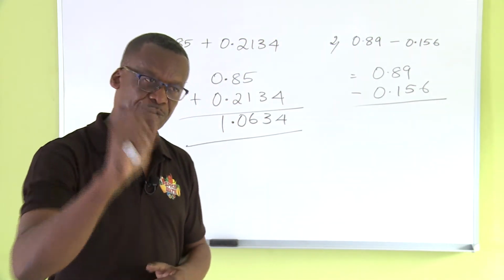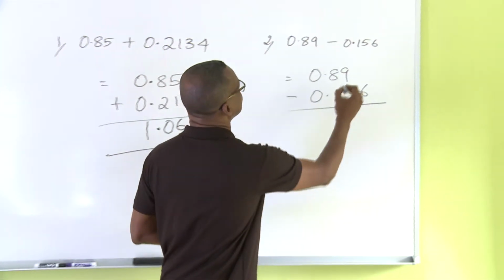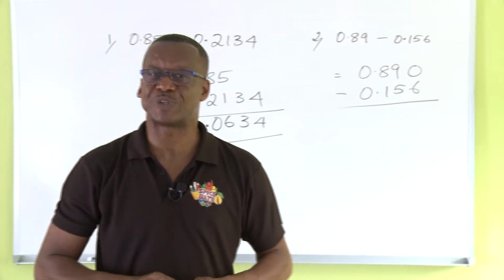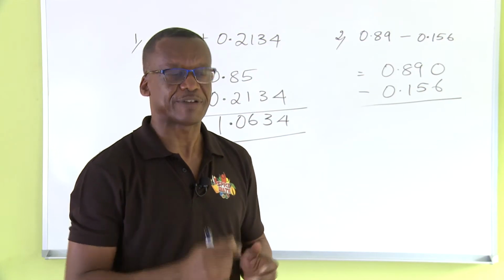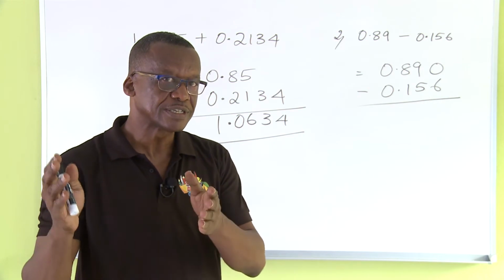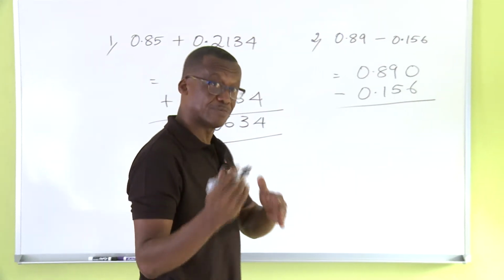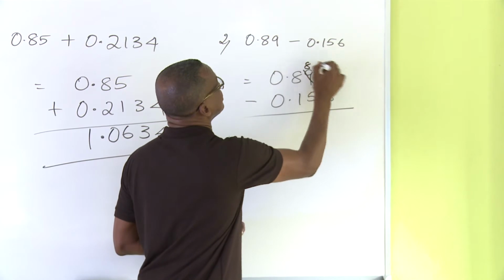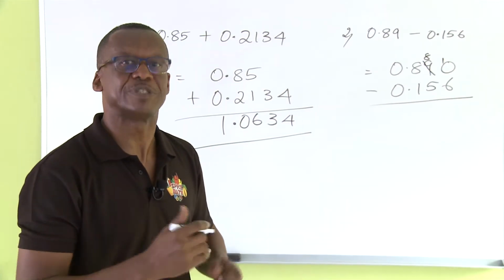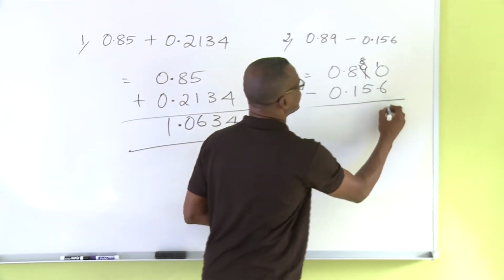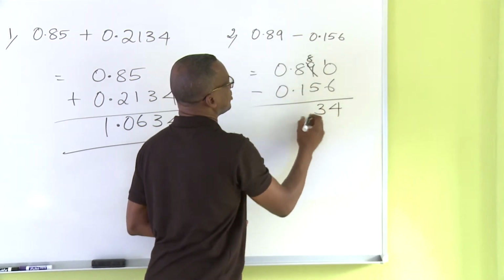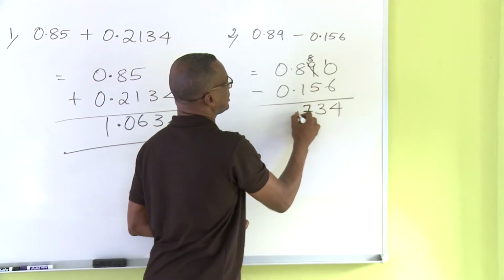Well, we can insert a 0 there and subtract. 0 take away 6. No, it's not 6. We'd have to move to the other column and use the decomposition strategy, or we can borrow and add the 10 that we borrowed to the previous column. Now we can subtract. So 10 take away 6 is 4, 8 take away 5 is 3, 8 take away 1 is 7, point on the point.